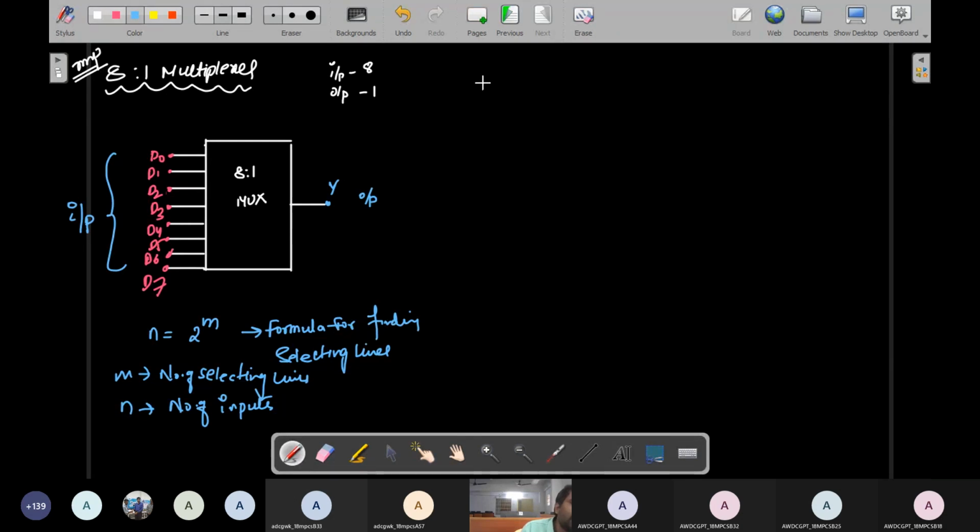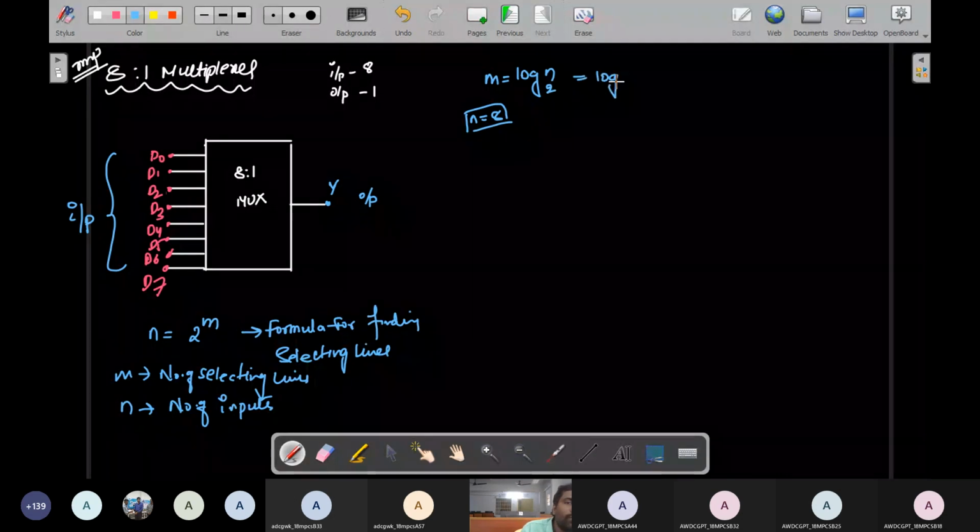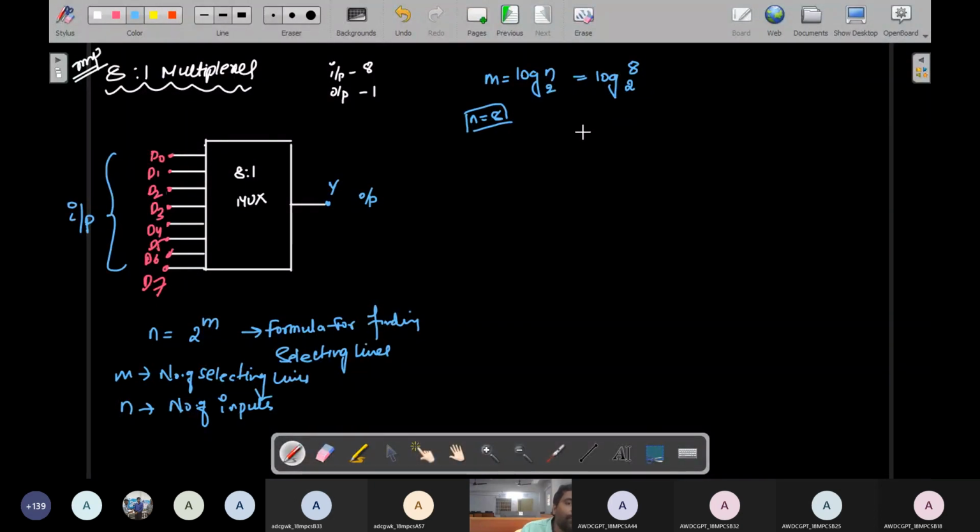So once again I write this equation. m is equal to log n with base 2. So n is the number of inputs, and right now I am using 8 inputs. So m is equal to log 8 with base 2.